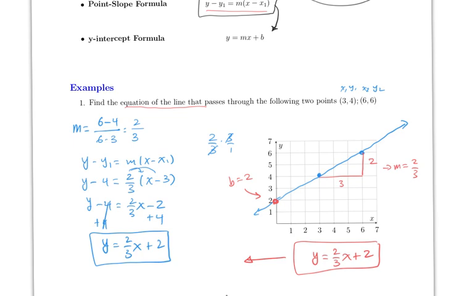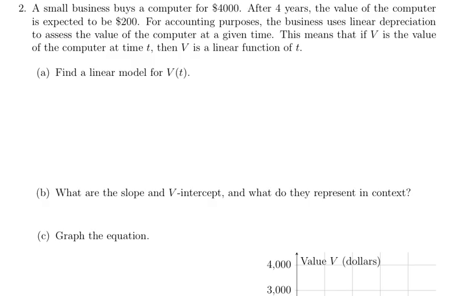Now, sometimes you may not be able to use the graph, but it is important that you make the connection between the two. So the 2 points you have, once you do the problem, are (0, 4,000) and the other point is what? (4, 200).